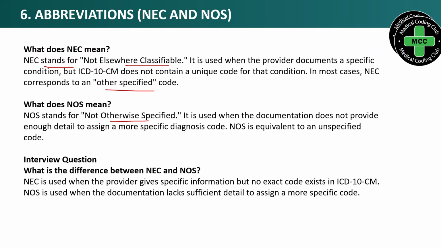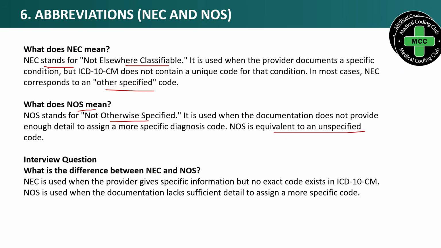But when the doctor fails to give enough details, and we do have a lot of codes for that category for more details, then we assign an NOS code, okay, which is equivalent to an unspecified code. Okay, both of them are very important. In my classes I'll explain everything, NEC, NOS, all of this, with details and practical examples in the book, how they have been mentioned.